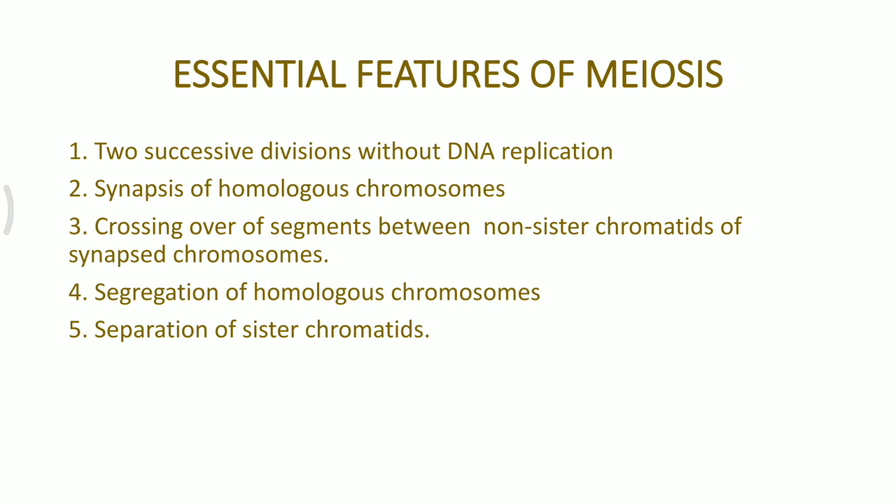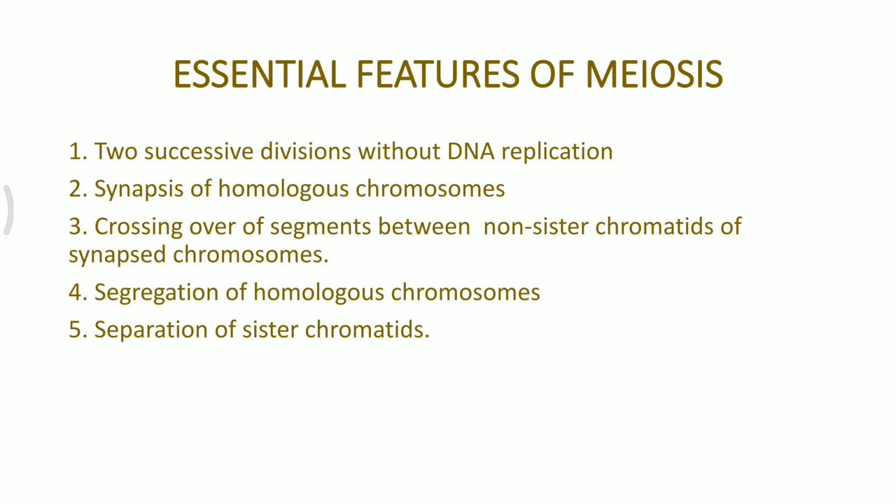They are the same chromosome but from mother and father, that's why they are homologous chromosomes. Crossing over of segments between non-sister chromatids: when I say non-sister, it means maternal and paternal chromatids, they come close to each other and exchange their parts. Segregation means separation of homologous chromosomes, and then separation of sister chromatids. That's what I have said.